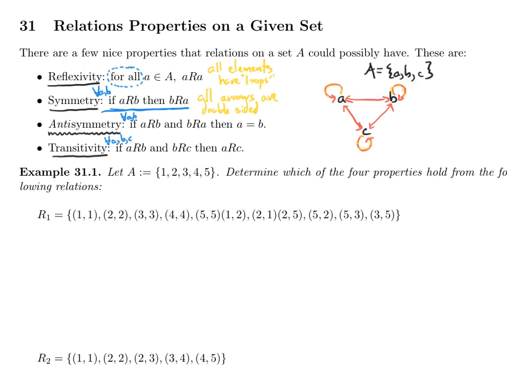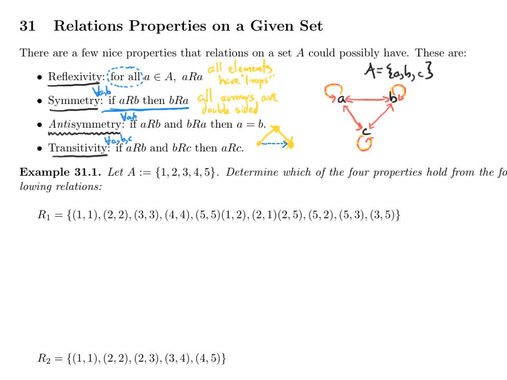That's what transitivity means. Rather than writing it in words, maybe I'll just say anytime that you have an arrow path like that, so you can go from one element to another through an intermediate element, then the direct path has to be there as well. That's what transitive means.